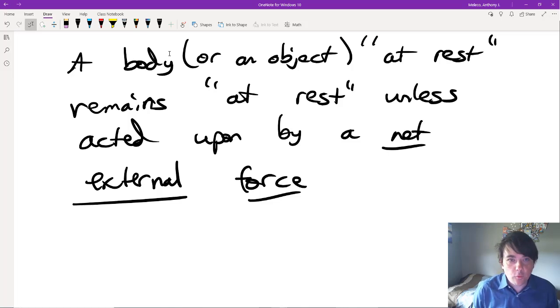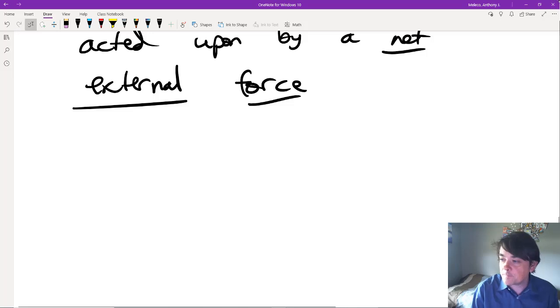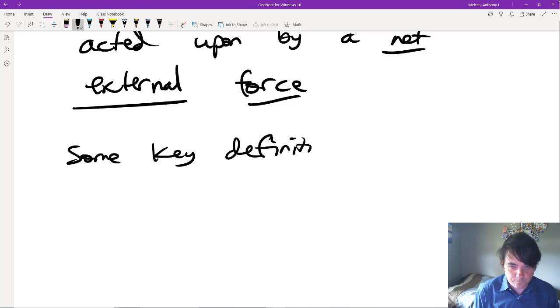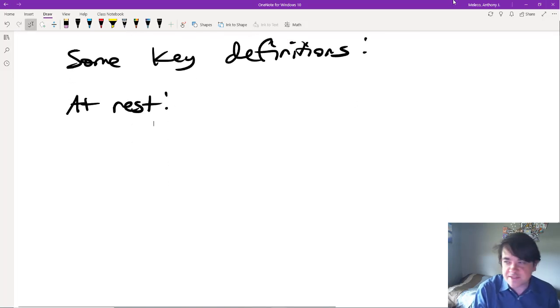So before we can digest what this even means, we need to define some stuff. So first, let's define at rest. So some key definitions here. At rest, what does this mean?